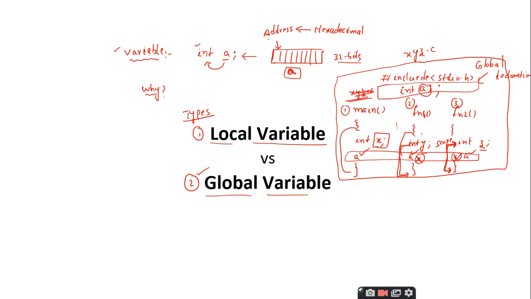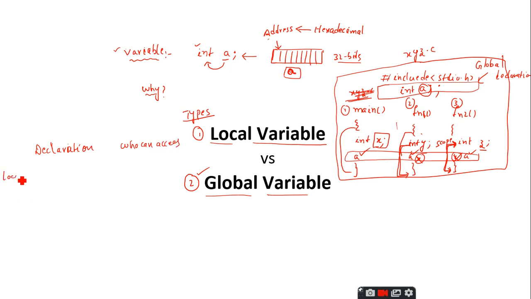Coming to the global variables, the variables are declared outside of all the functions, and the accessibility is throughout the program, any function. So let me tell you. The first point you have to give is regarding declaration, and the second point is who can access it.